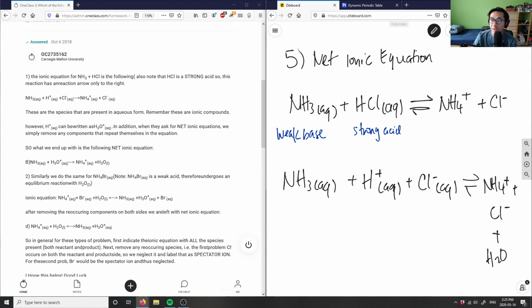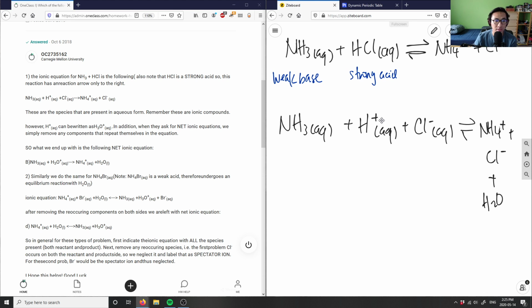What I can do now is replace this H plus with H3O plus, because I know they're synonymous. So this here is H3O plus. And right now we can cross out some common ions, right? I see Cl minus here and Cl minus here, so they don't contribute to our net ionic equation.